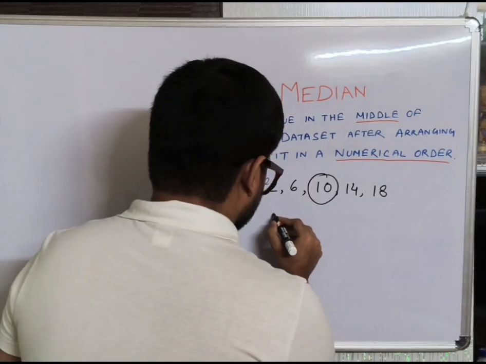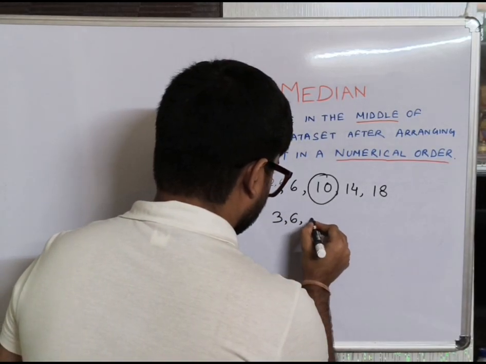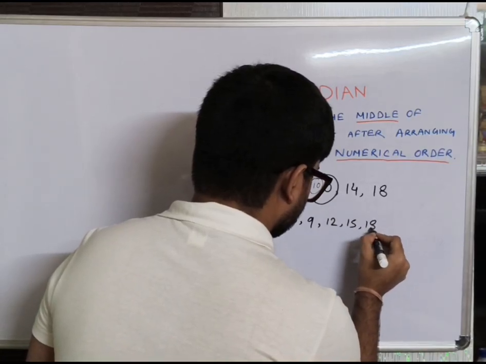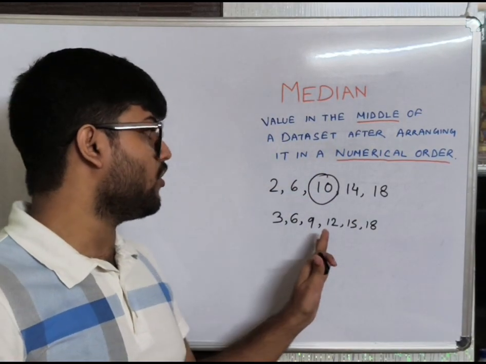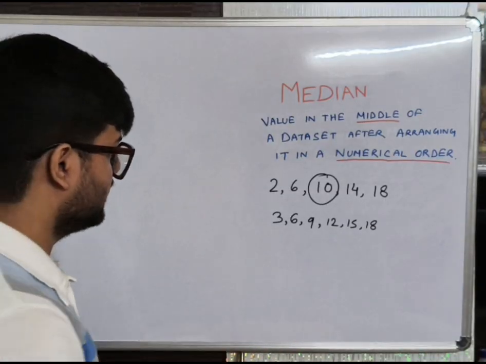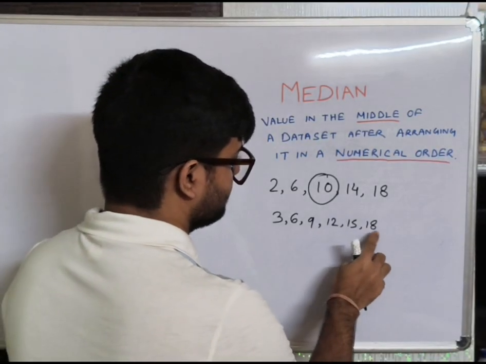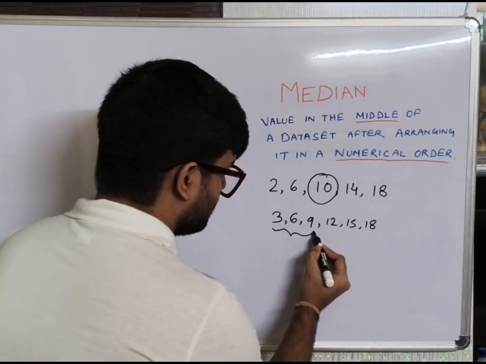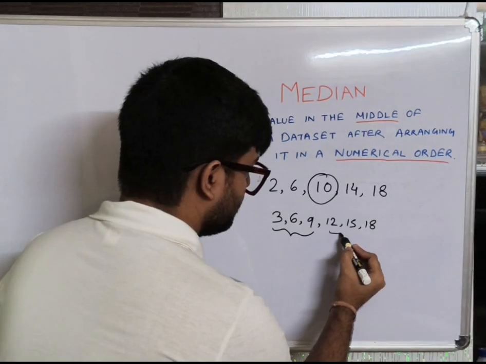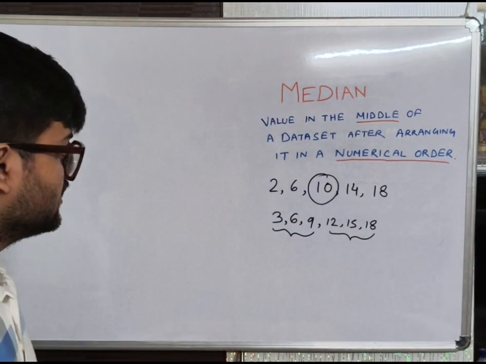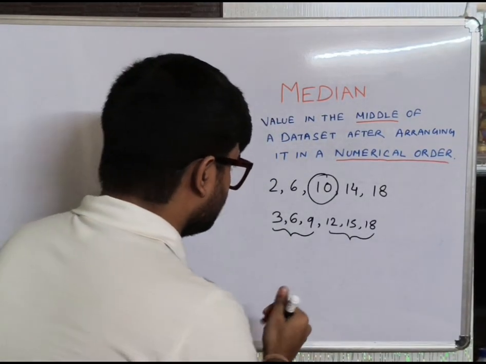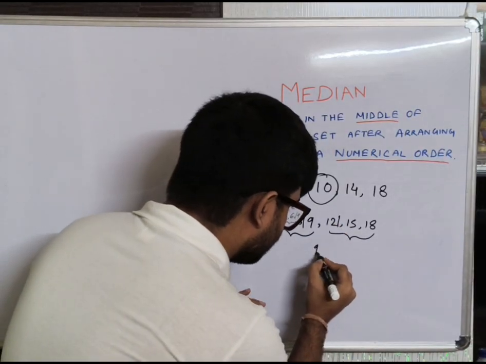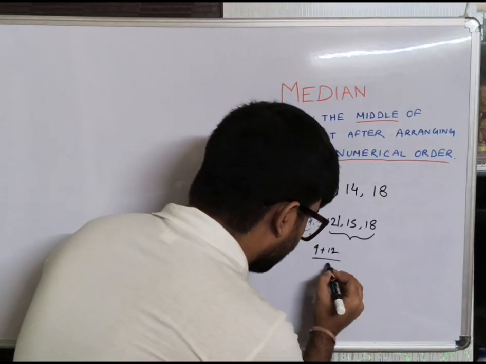But in this example, if you see, the number of observations is even. It is 1, 2, 3, 4, 5, 6. So there is no midpoint. There are 3 values on the left and also 3 values on the right. So what we will do is take these two, 9 and 12, add them, 9 plus 12, and then divide by 2.